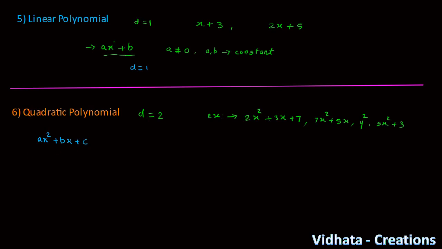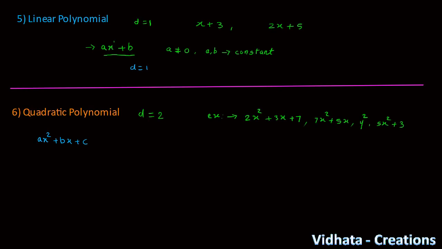What can you say about a quadratic polynomial? How many terms can it have at most? A quadratic polynomial can have at most 3 terms.